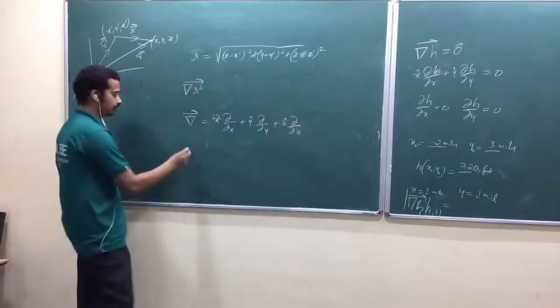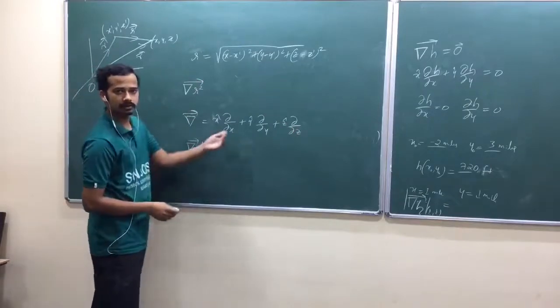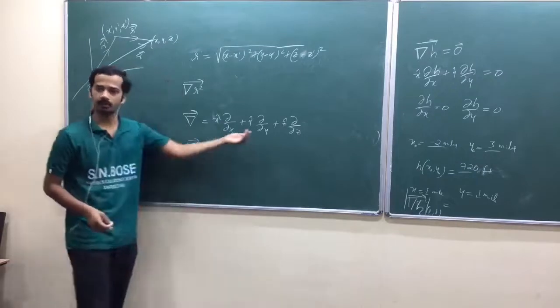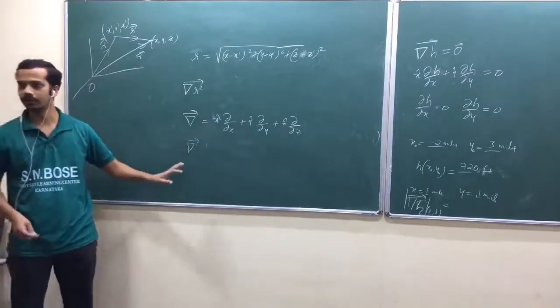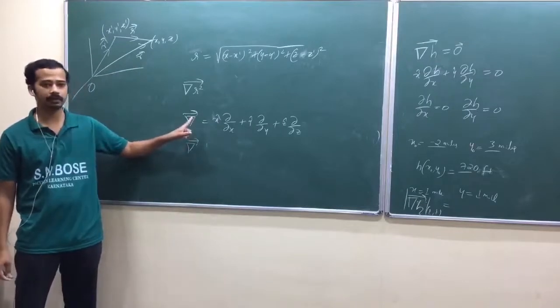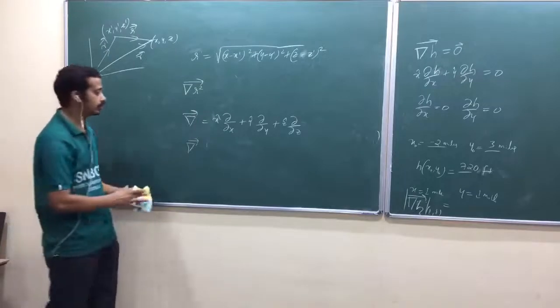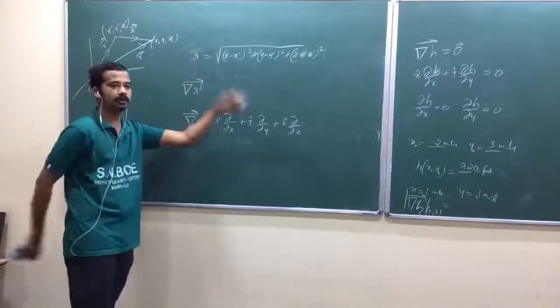Later in the polarization chapter, we are going to define this one. Then that is dou by dou x prime, dou by dou y prime, dou by dou z prime. But here he didn't mention any prime. Don't get into the confusion about with respect to what you have to take the derivative. Am I right?